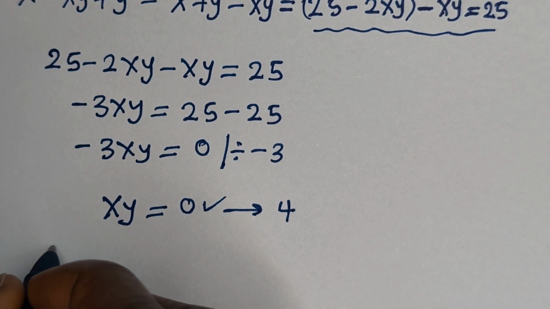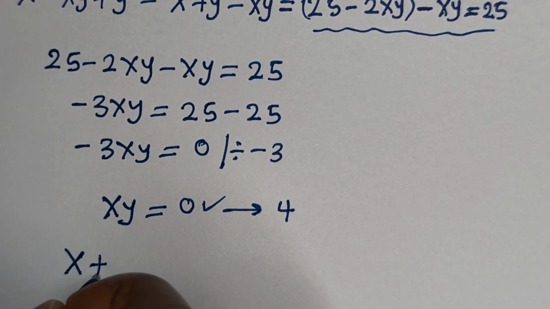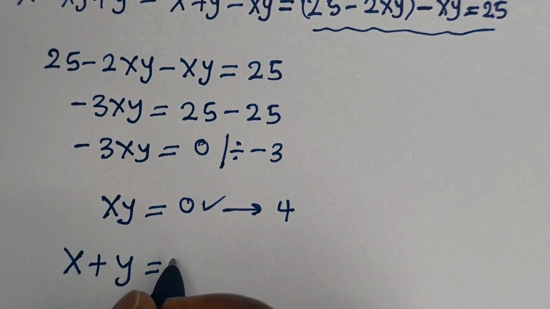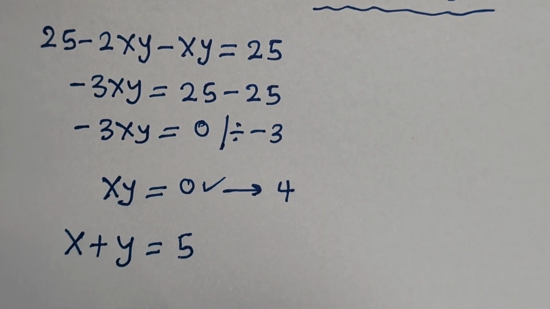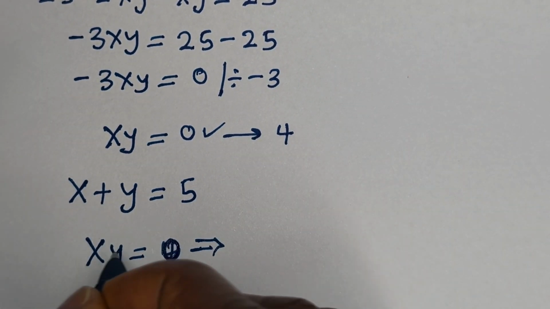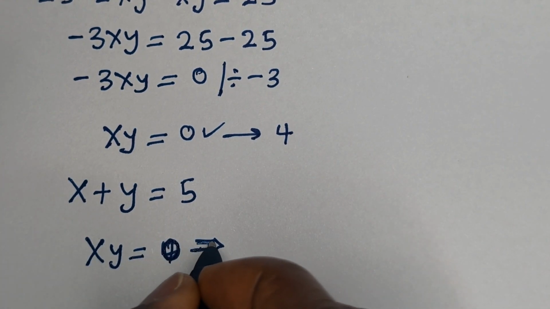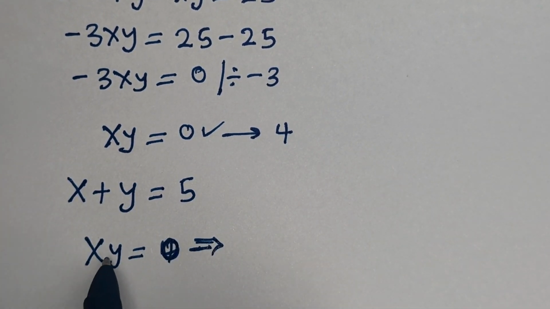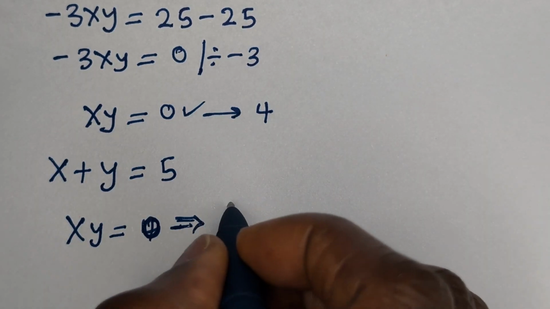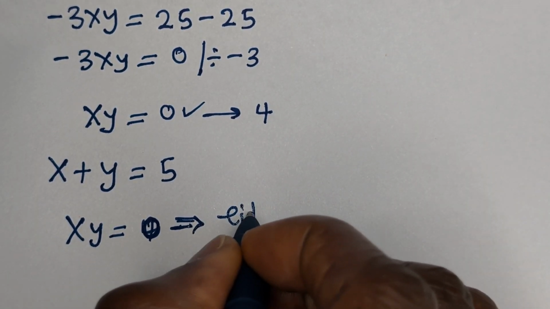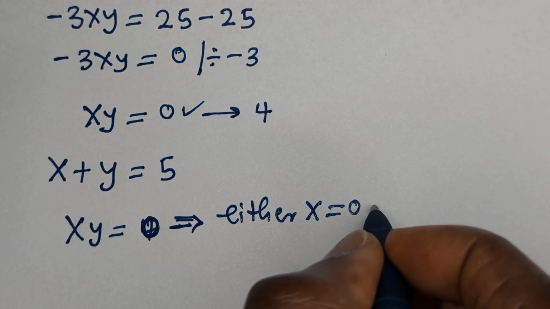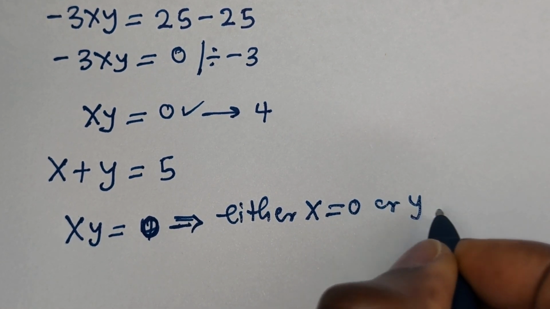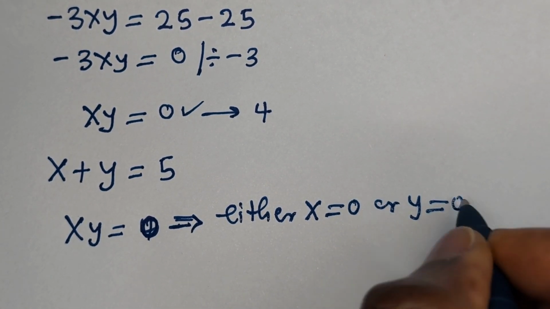Equation 1 is x plus y is equal to 5, and equation 4 is xy is equal to 0. Since xy is equal to 0, it means that either x is equal to 0 or y is equal to 0.